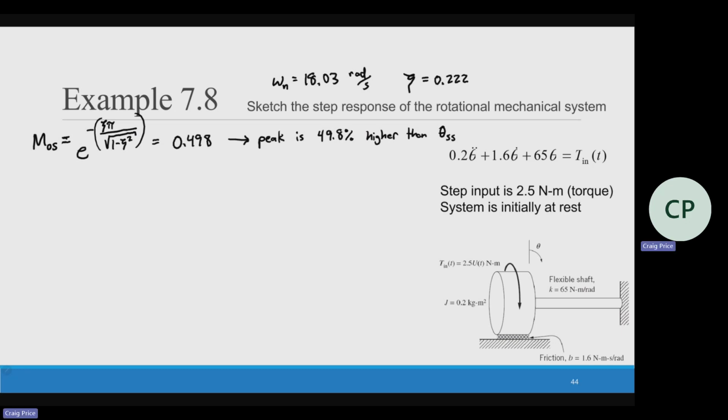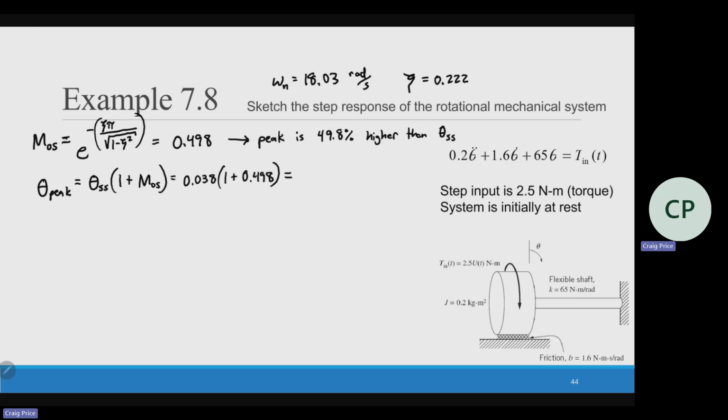And so if I wanted to find my peak theta, it's going to equal theta steady state times 1 plus that maximum overshoot. So we have 0.038 radians times 1 plus 0.498.